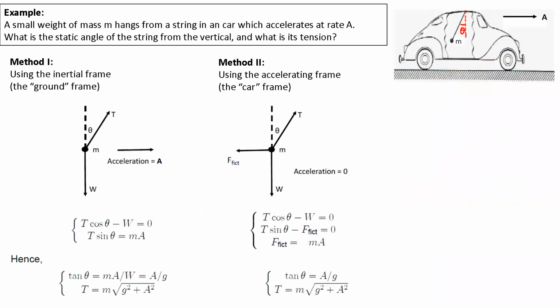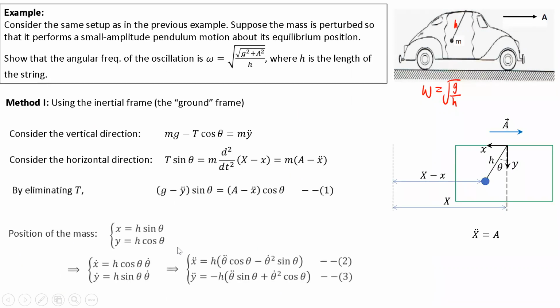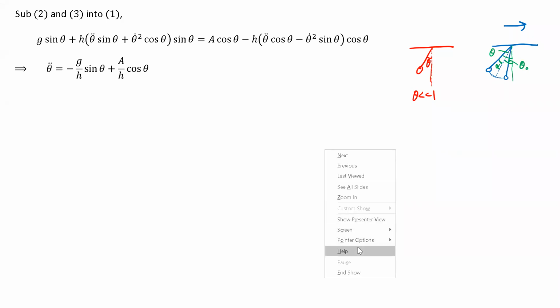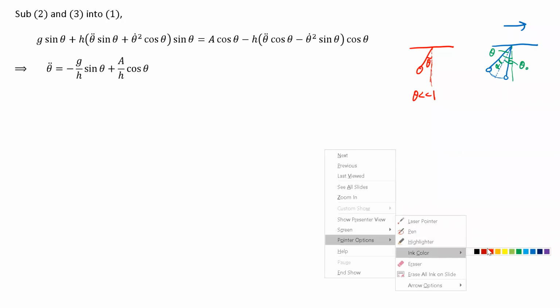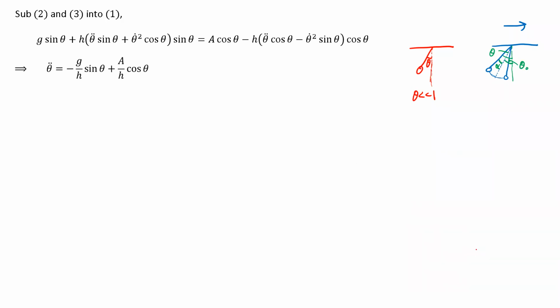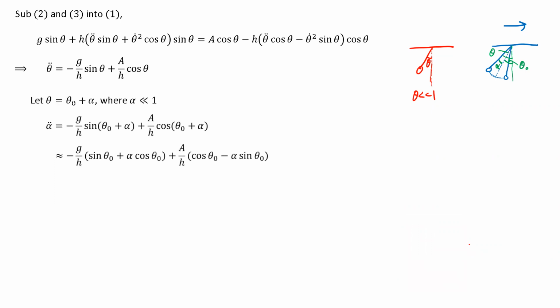Remember what theta naught is. Theta naught is actually what we get in this problem. Theta naught is arctangent of A divided by G. Just to remind you over here, tangent theta naught is just A divided by G. So that is a constant anyway.